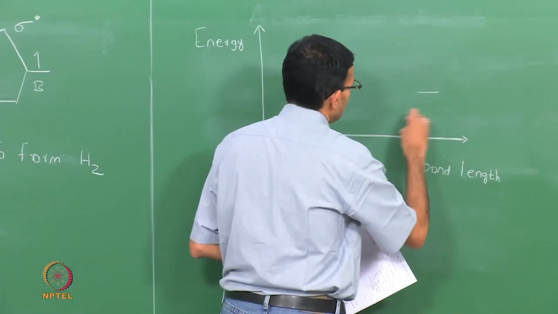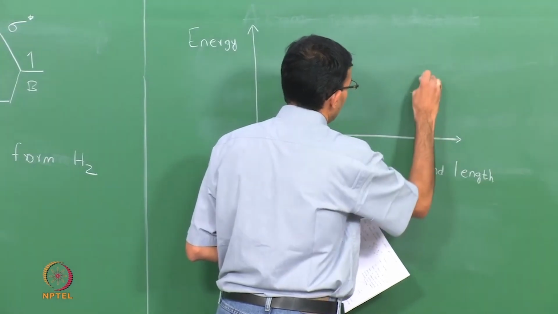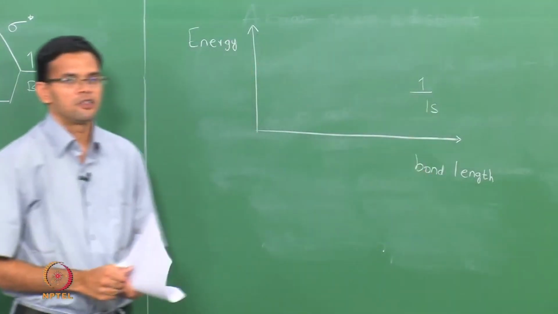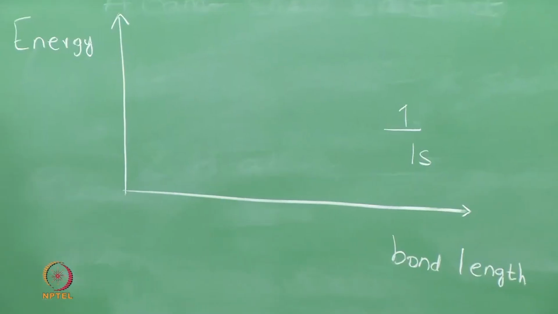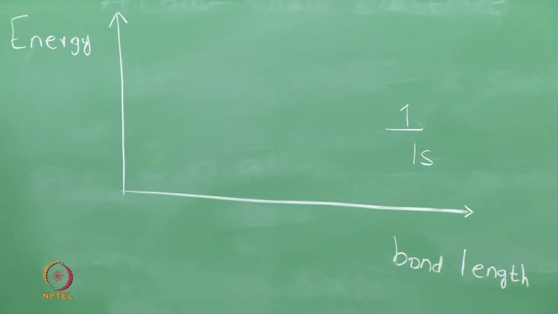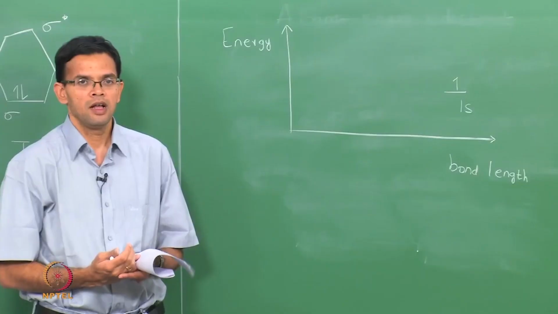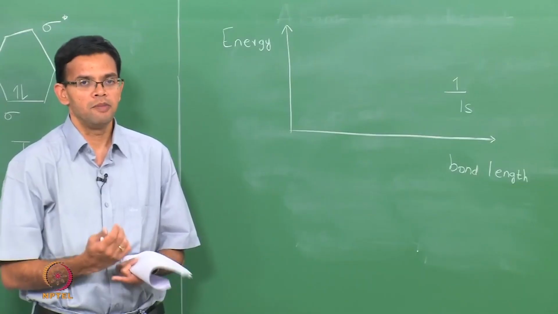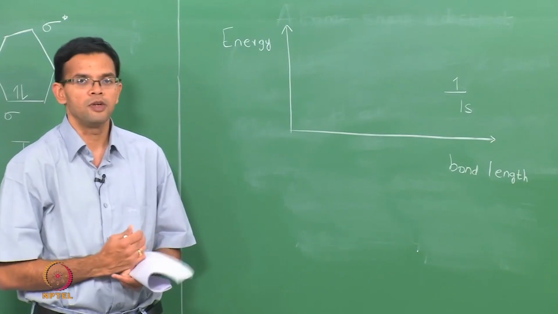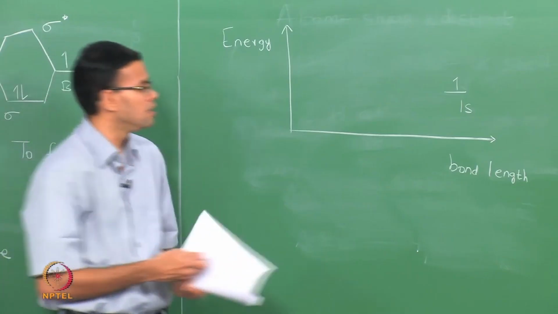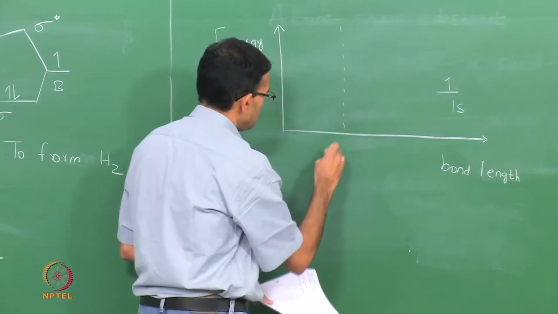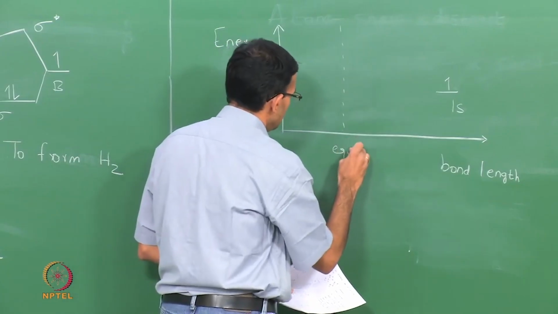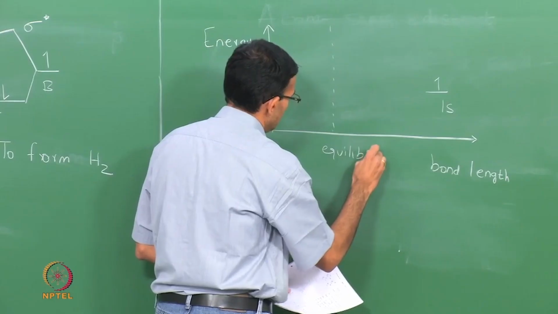So I will show them here, which is the 1s orbital and it has 1 electron. Then you start to bring your hydrogen atoms together. So as they start to come together, they will see the effect of each other. Ultimately the atomic orbitals will mix and give you your molecular orbitals sigma and sigma star. So for this we will have some equilibrium distance. So let me call this equilibrium distance.